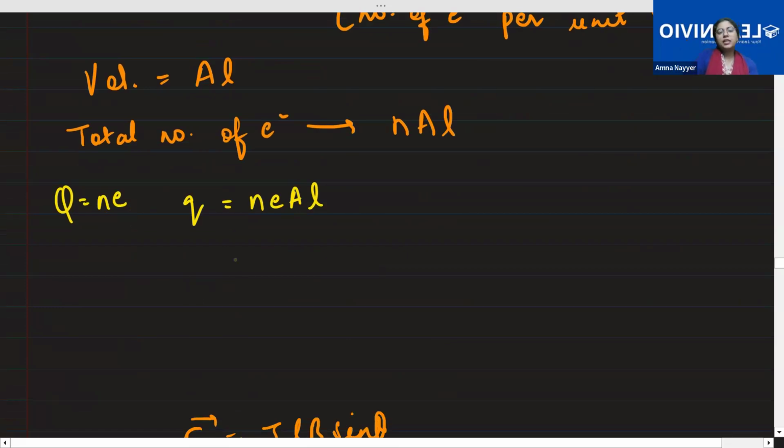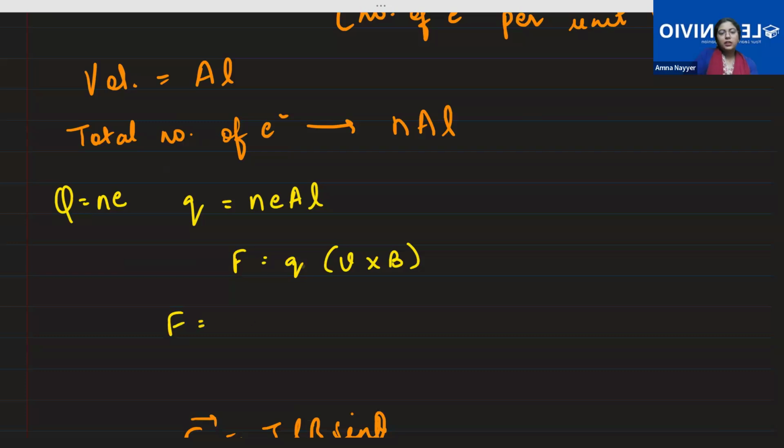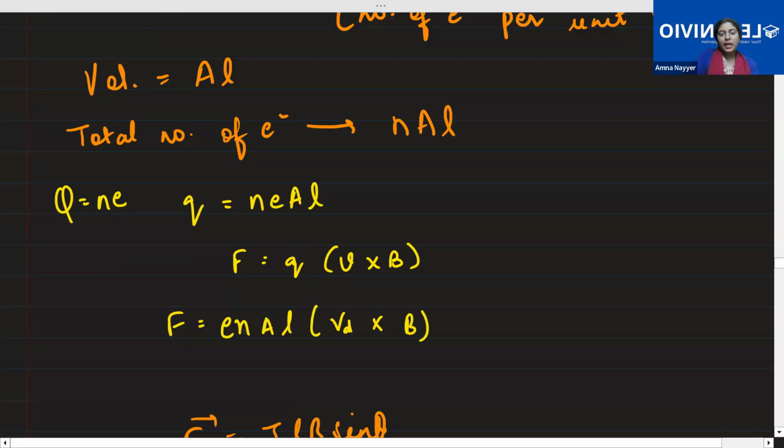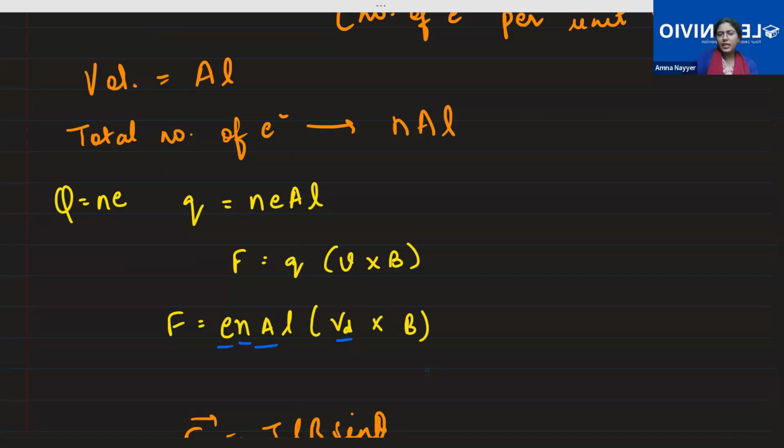Correct. Now see, what did we study? Force is equal to Q V cross B. Let's put it. Q is this NEAL. The velocity with which the electrons move is the drift velocity, into the magnetic field, right? Now look from here, if we extract NEAVD, there's a formula.